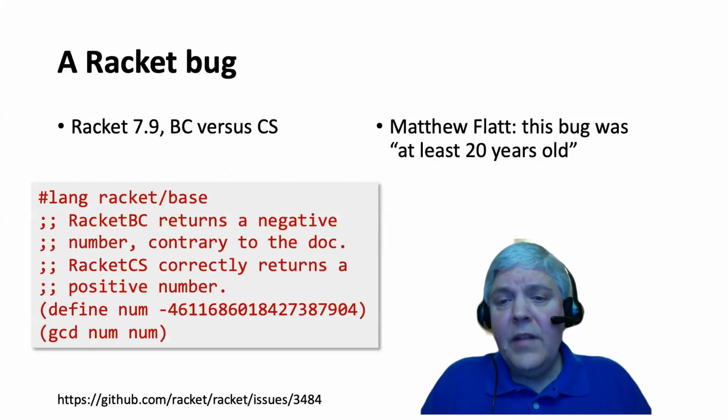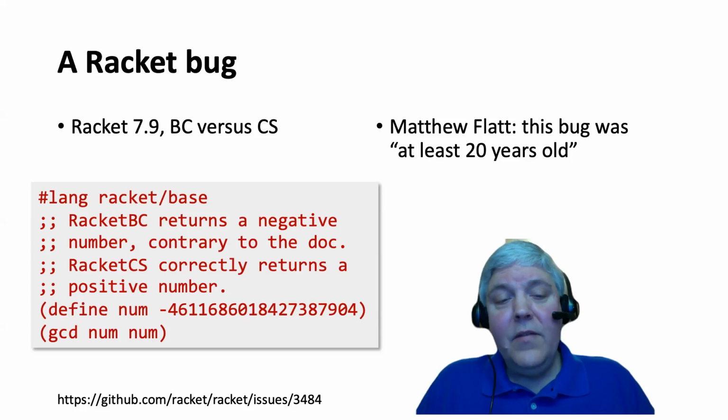So let's talk about a couple of bugs that we found with Xsmith. The first one is a bug that we found in Racket 7.9. On the program shown on this slide, in Racket BC, the answer of GCD returns that giant negative number, but GCD is documented to always return a positive number.